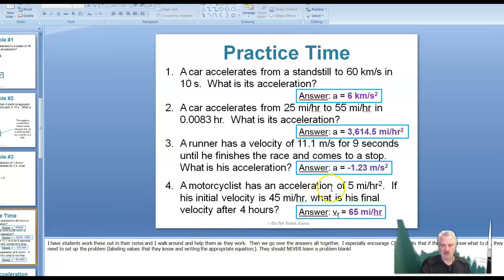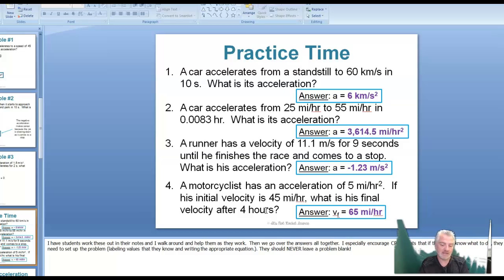This last one is one of those where we have to find the final velocity. A motorcyclist has an acceleration of 5 miles per hour squared. If his initial velocity is 45, what is his final velocity after 4 hours? So again, you're trying to find final velocity. His initial velocity is going to be 45, so you would set that up as VF minus 45.